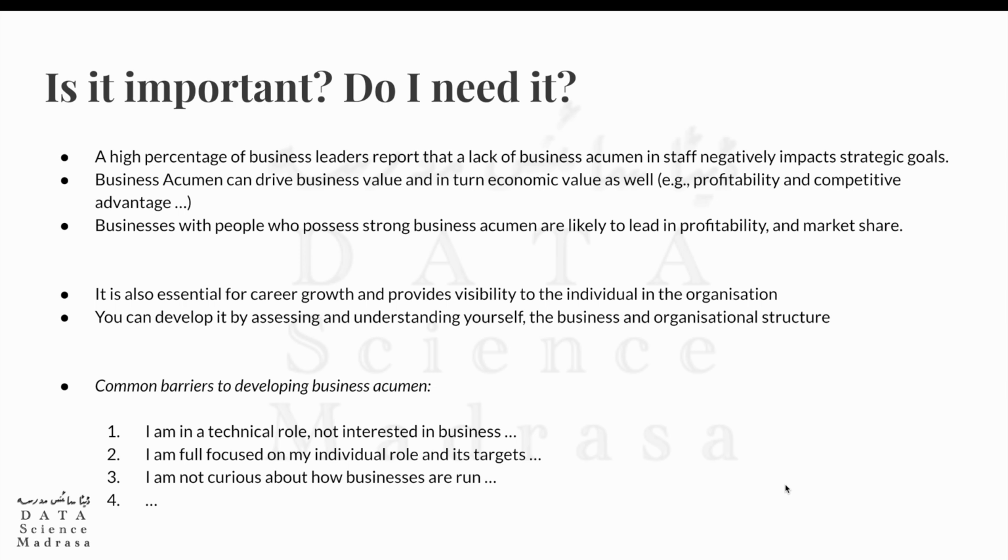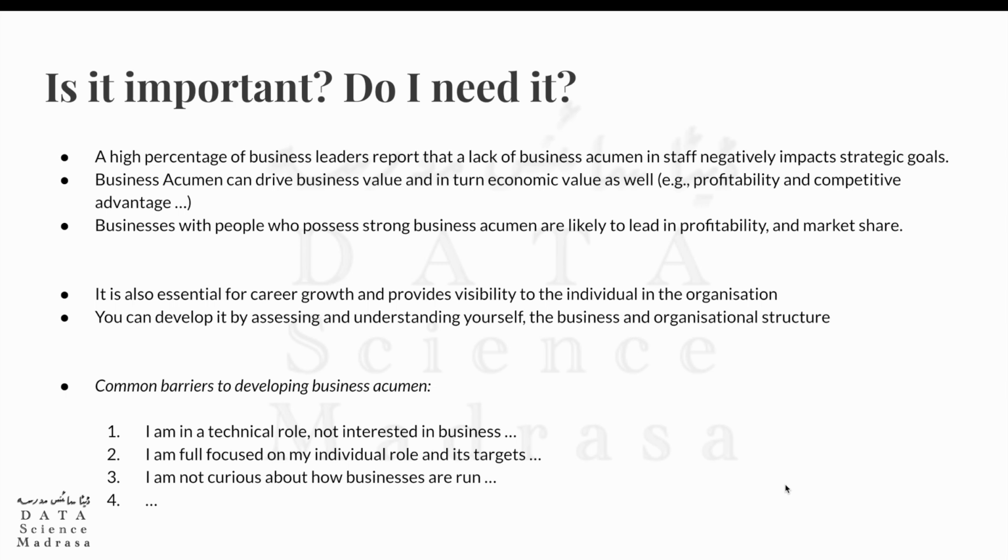This could be in the form of profitability or revenue, as I've said previously, or could even be competitive advantage, it could be cost efficiencies, and so on and so forth. Businesses or organizations that have staff who actually possess a high degree of business acumen are more likely to lead in profitability and market share.